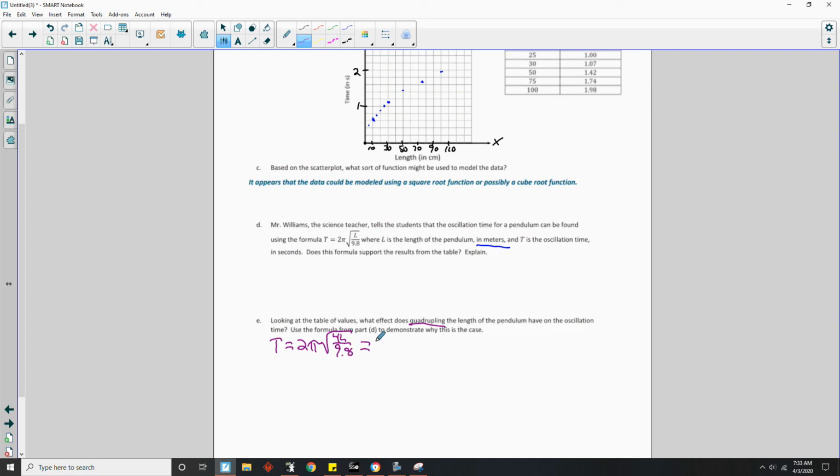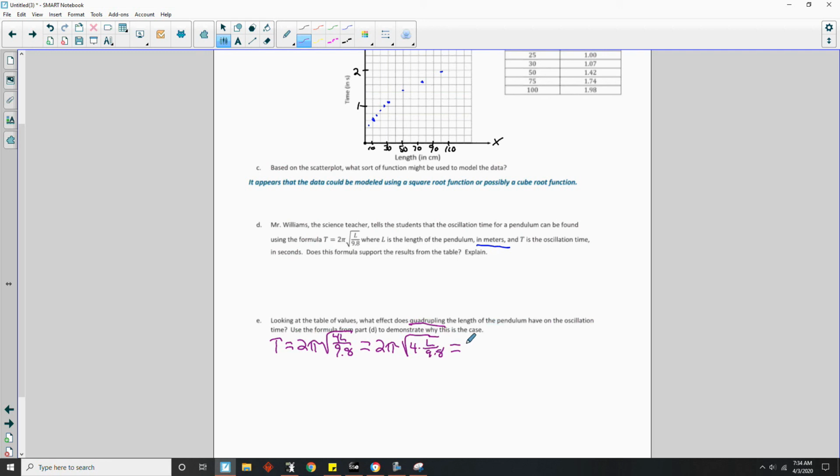So that's going to equal 2 pi times the square root. In general, we are going to determine what quadrupling does. So 2 pi is 2 pi, and this 4 can come out in front, leaving my function the way it was with the 4 in front.